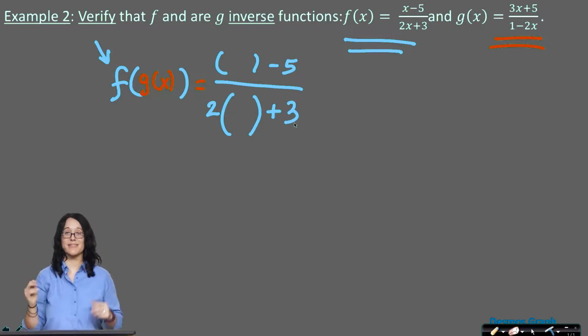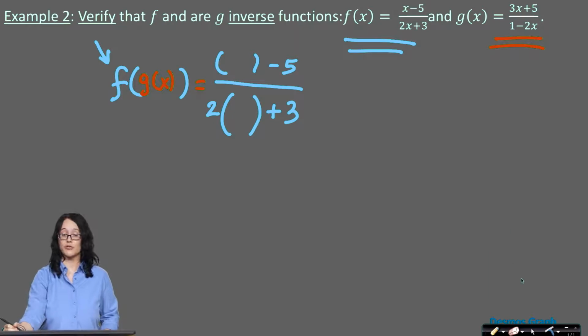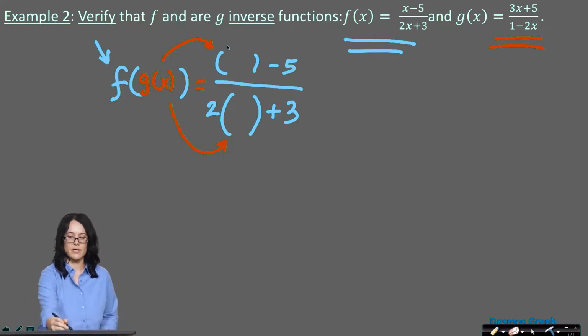Notice I like to use parentheses for my input, right? Because I'm replacing my input now with the rational function g of x. So g of x is replacing my x value. That's a tricky step for many students, so make sure you pause the video if you need to. So this would become g of x, which is 3x plus 5 over 1 minus 2x in both places.